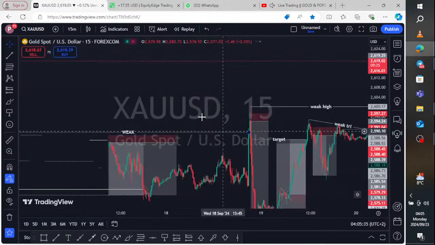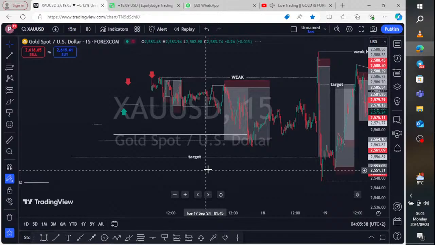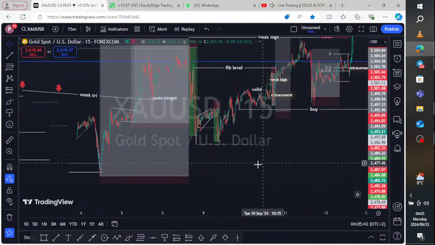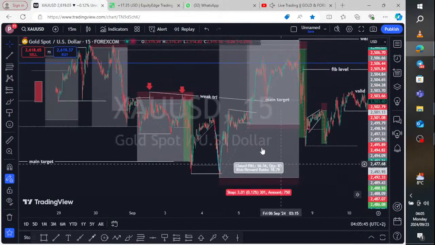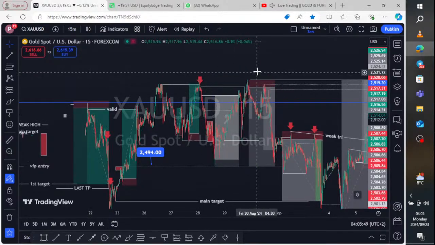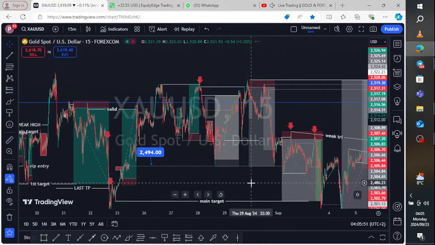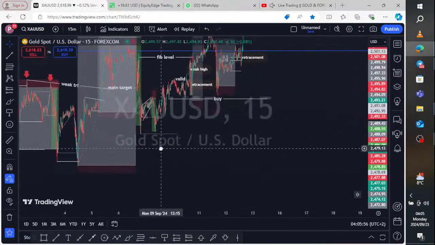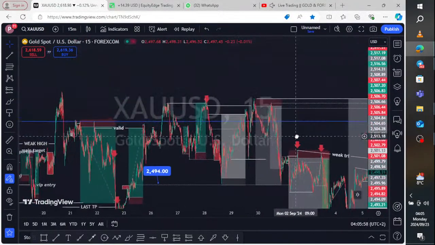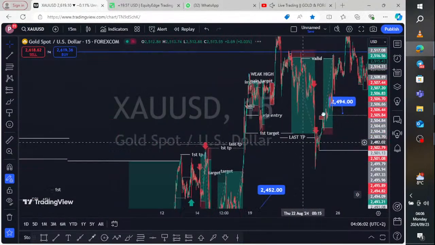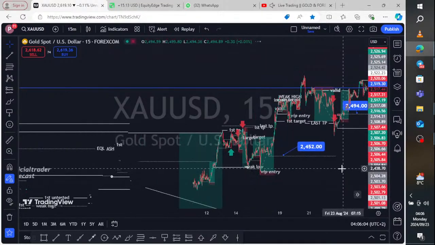There are highs which were strong that price respected, as in it gave us long sells after that, which I'm going to try and show you some. Which one should I start with?